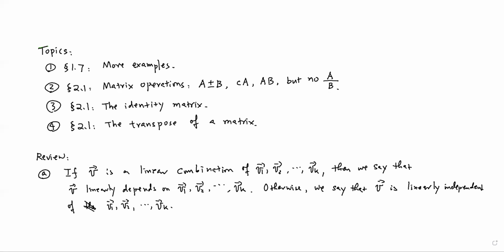Now, for a set of vectors, say a set of k vectors is said to be a linearly independent set.